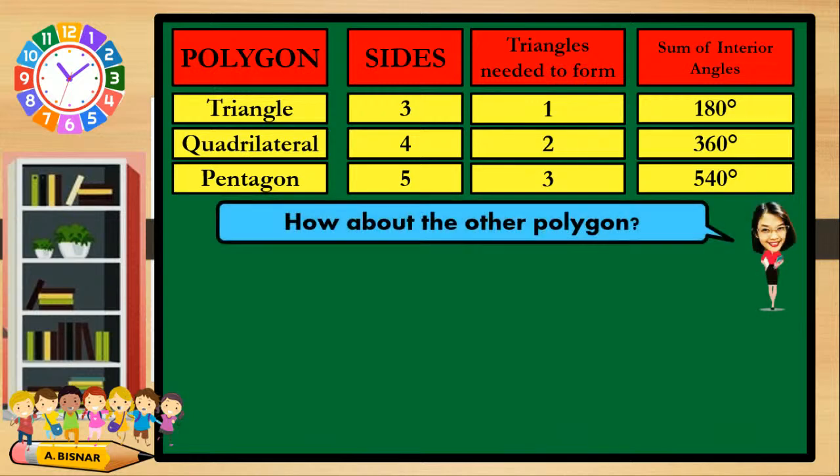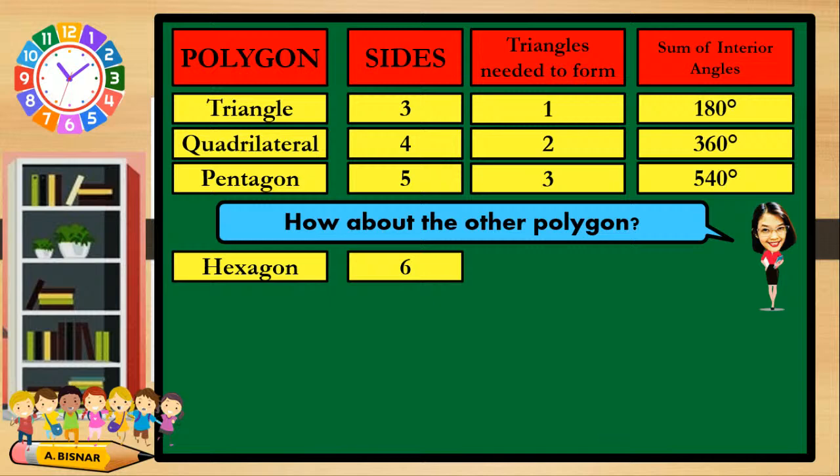Okay. Well, how about with the other polygon? Say we have hexagon. Sige, sagutan ko na to. Hexagon has 6 sides. Okay? How many triangles are needed to form a hexagon? And what will be the sum?